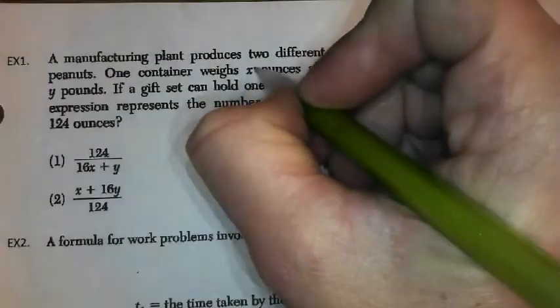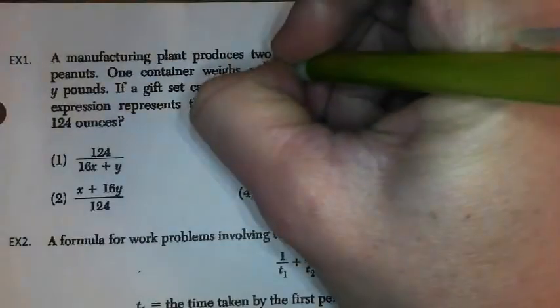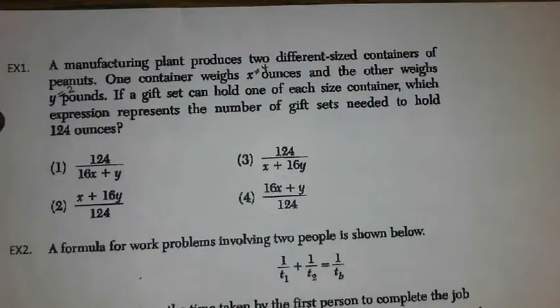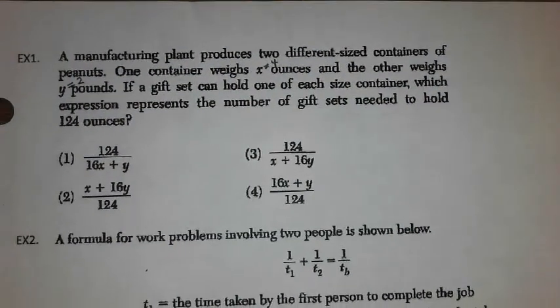So let's just make up that X is 4 ounces and Y is, I don't know, 2 pounds to keep them small. So if a gift set can hold one of each size container, which expression represents the number of gift sets needed to hold 124 ounces? So how many ounces is in one gift set?